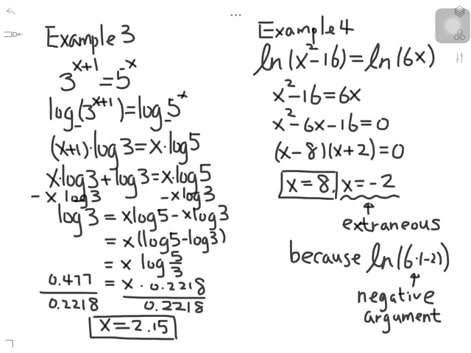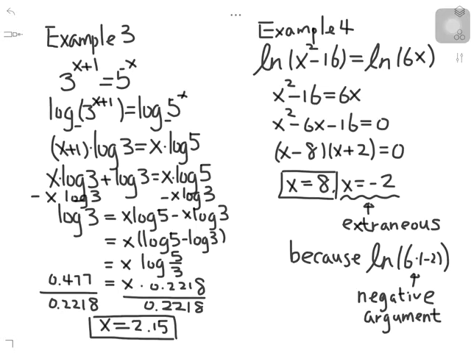I'm left with log 3 equals x log 5 minus x log 3. So now I'm factoring out the x, so that I have log 5 minus log 3, and this is just dividing. I'm using the quotient property, log 5 minus log 3, which is log 5 over 3.